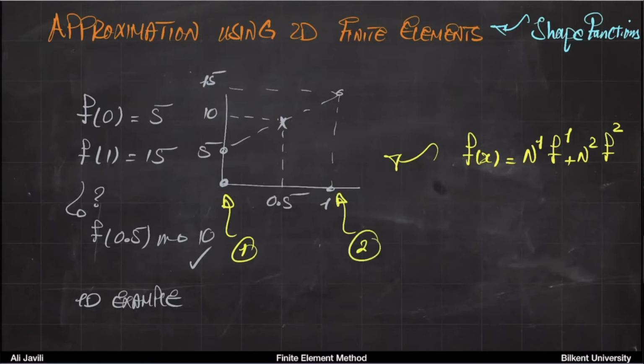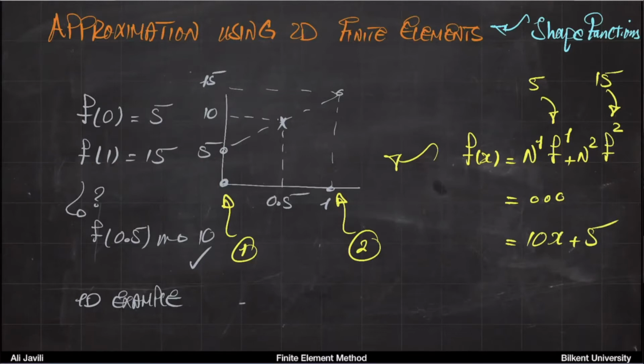Using the shape functions, basically you can write the equation for this line. So if you do that intermediate step, you know how to calculate the shape functions, you know the values of your function at the two points, node 1 and node 2. And if you do that, you end up with your line equation, which is, I think, 10x plus 5, for instance.